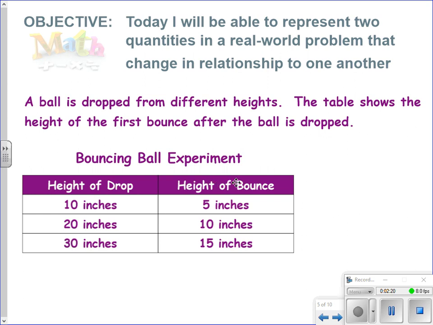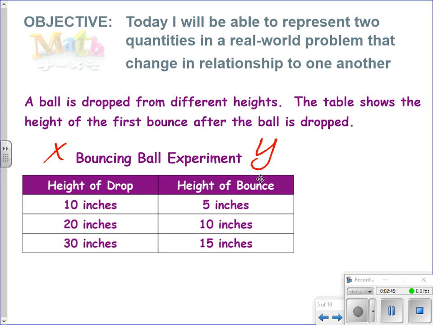Since the height of the bounce depends on how high the ball was dropped, we'll say that the height of the drop comes first. We'll call that our x value. And the height of the bounce, we'll call that y. So first we have the height from which the ball is dropped, and that influences the height of the bounce.